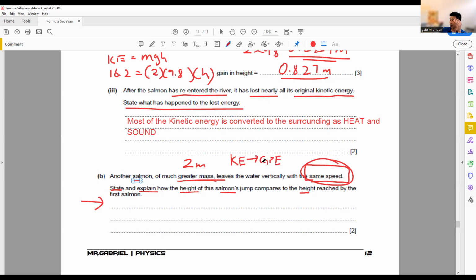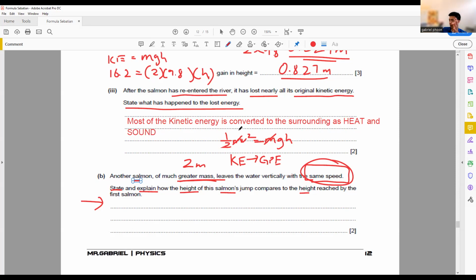So shouldn't it be half mv squared equals mgh? And since half mv squared equals mgh, wouldn't these two masses cancel each other because they're the same? They both have m on one side, right?